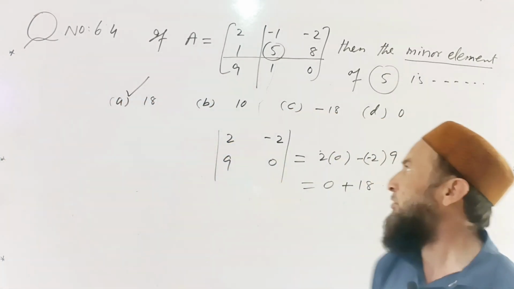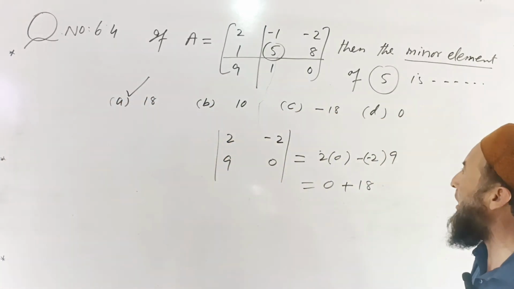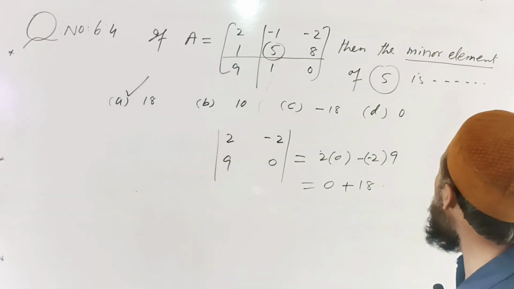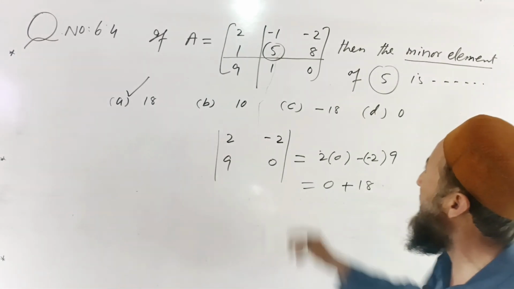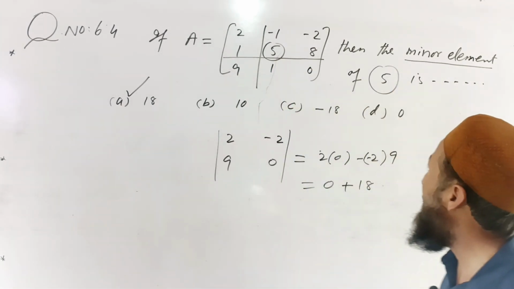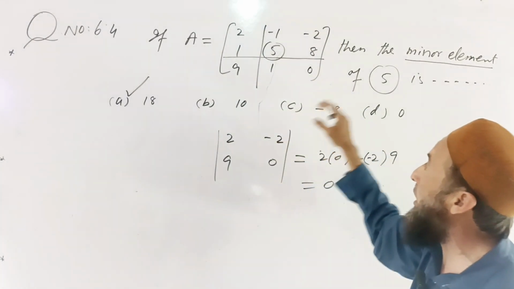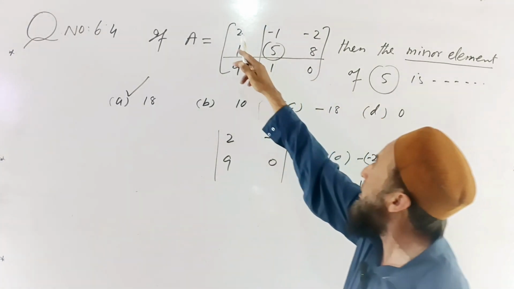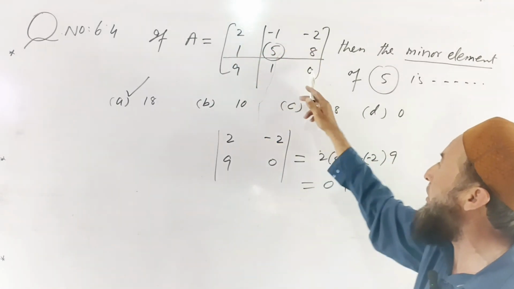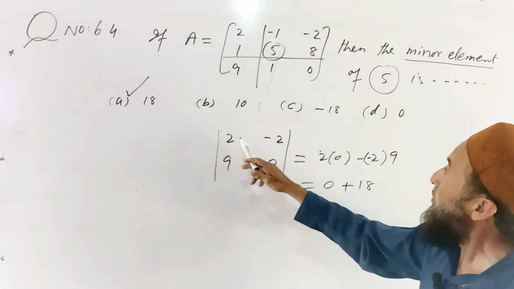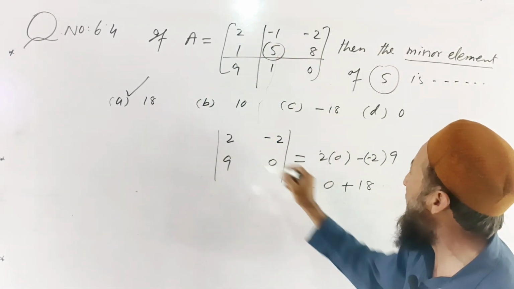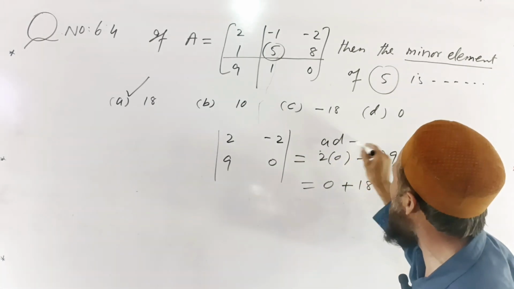So in that type of question we are expanding by the minor and cofactor elements, here expanding by the minor element of 5. The second row and the second column are removed, so the remaining terms are 2 minus 2, 9 and 0. We multiply according to the formula AD minus BC.